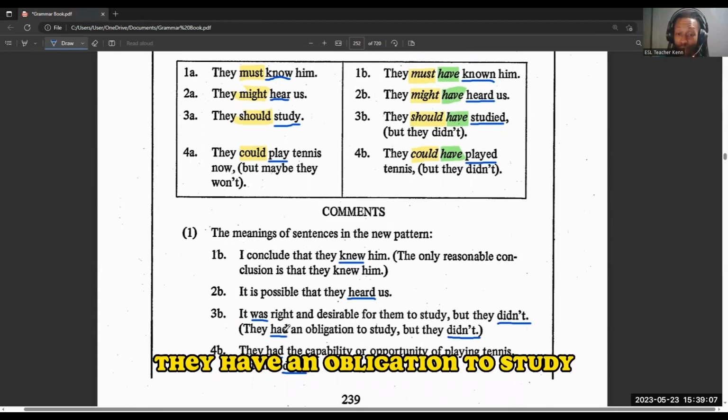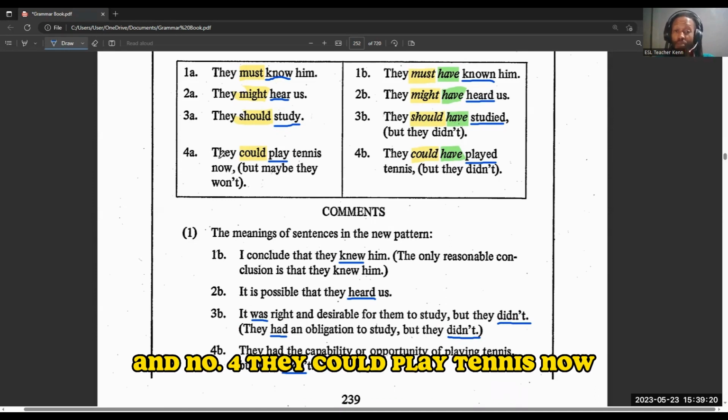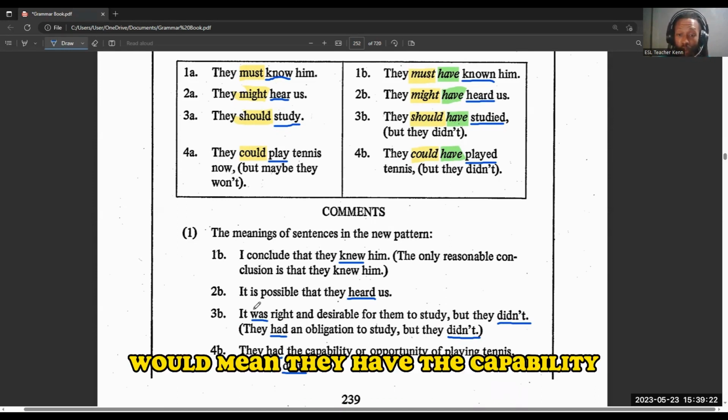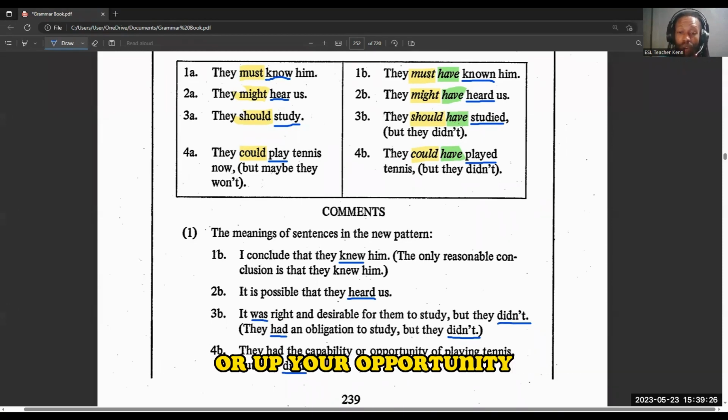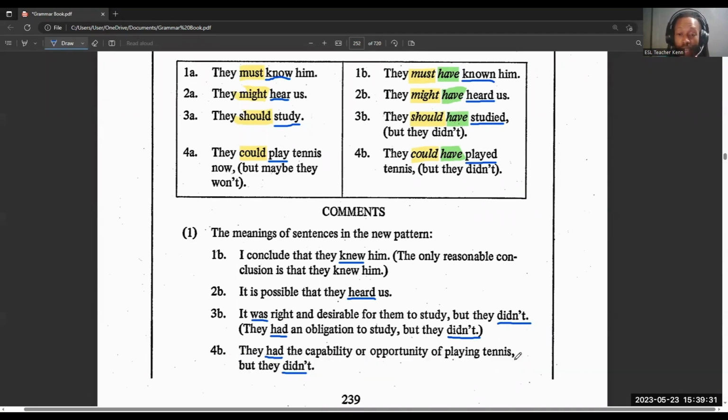They have an obligation to study, but they aren't going to. And number 4, they could play tennis now would mean they have the capability or opportunity of playing tennis, but they aren't going to.